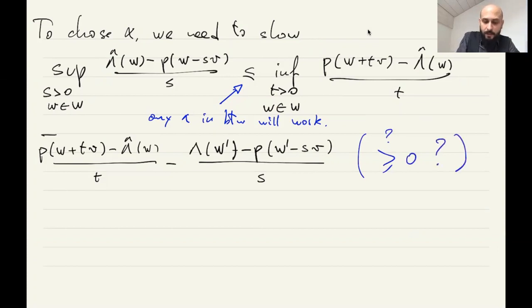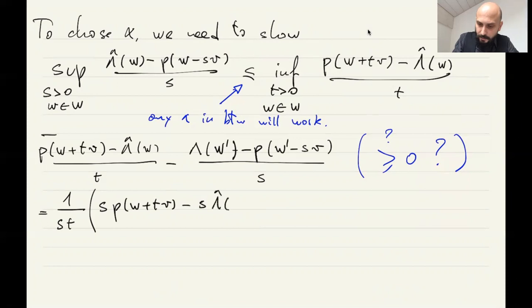Okay, so let's write it as, put s and t in evidence. So I get s p of w plus tv minus s lambda hat w minus t lambda hat w prime plus t p of w prime minus sv.